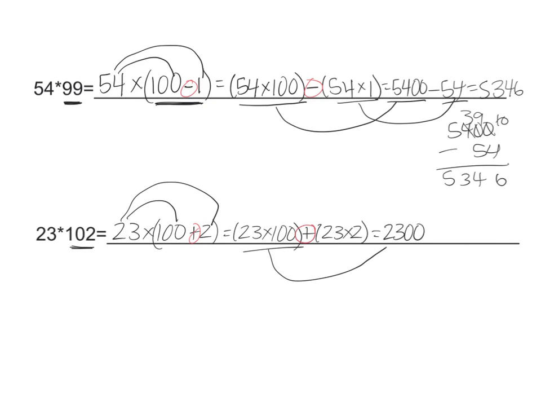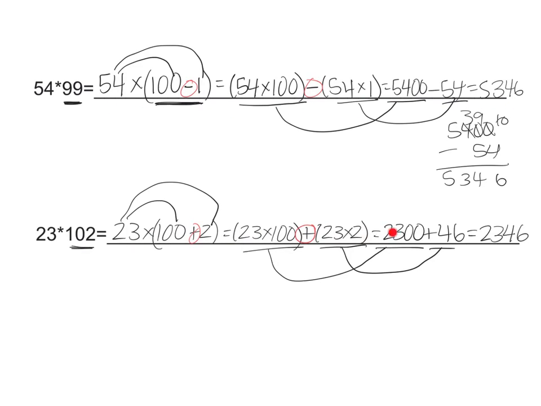Then I have addition, so I will keep my addition. Next, 23 times 2, 46. Then I add to get 2,346 as my answer.